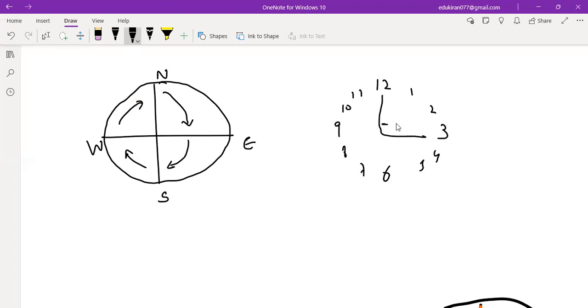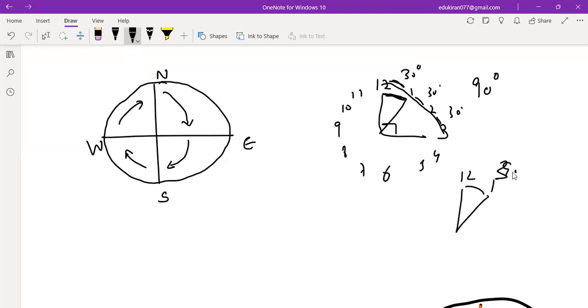This is 90 degree, right? But from 12 to 1, this part, it is 30 degree. Here also 30 degree. Here also 30 degree. When you calculate all of them, 30, 30, 30, it became 90 degree. So the angle between 12 and 1 is 30 degree.